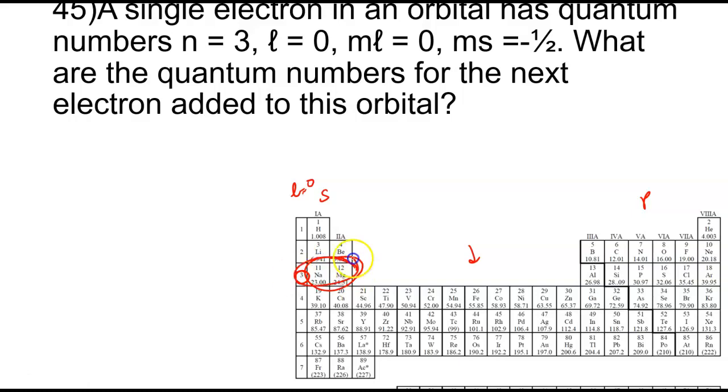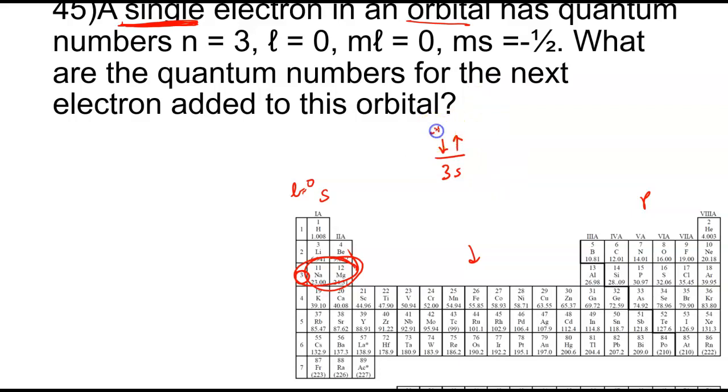Okay, so that means we're here in the 3S orbital. So negative 1/2 usually means going down. So the question is, what are the quantum numbers for the next electron? So if this is going down, and it says that it's a single electron in this orbital, so it's saying there's one electron in this orbital. Well, orbitals can have 2 electrons, can't they?